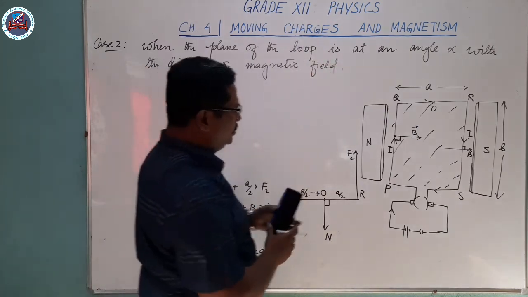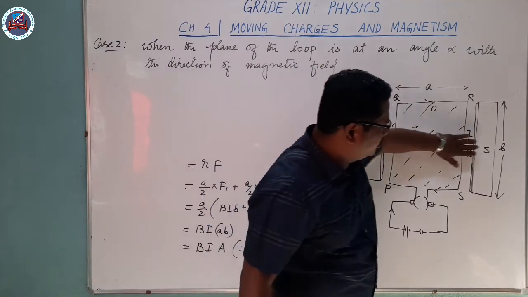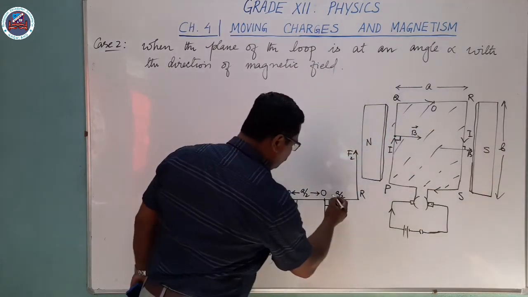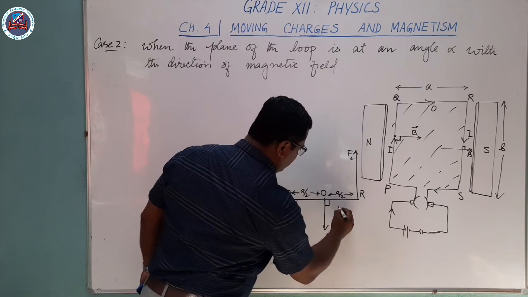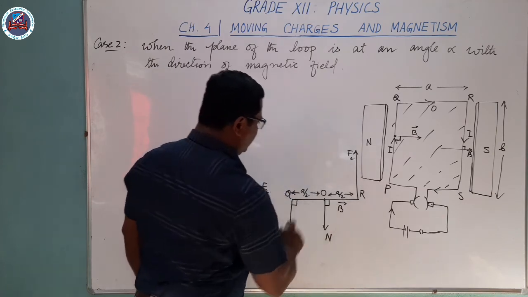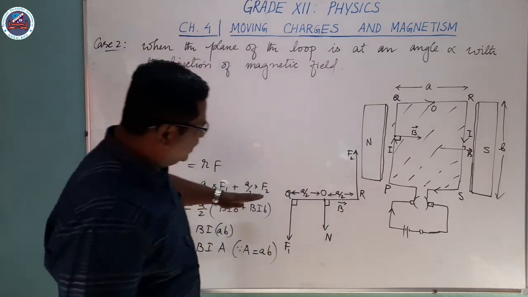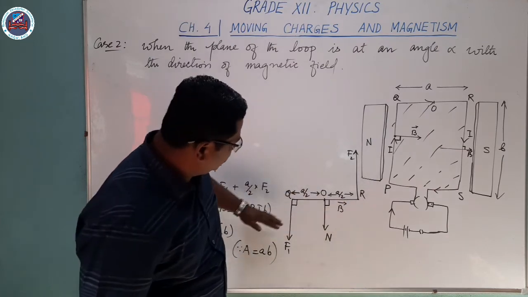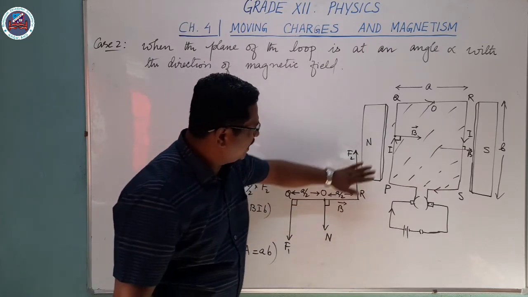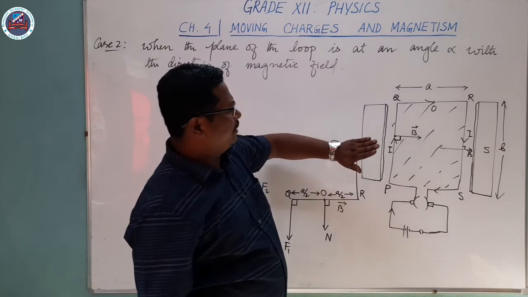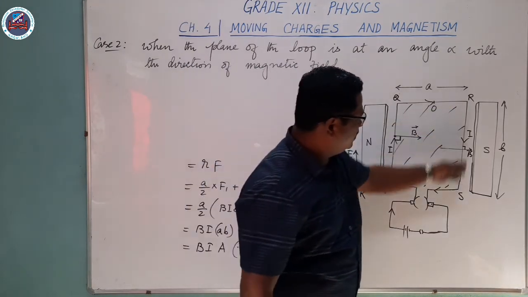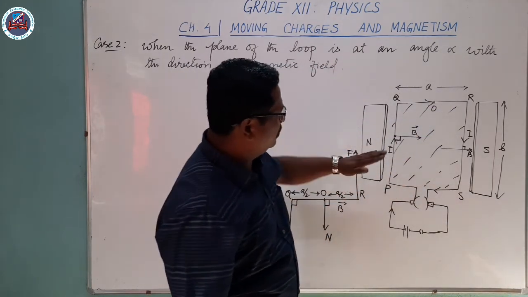Now also the magnetic field will not change, it is passing straight. This was the direction of magnetic field in this diagram, and it will remain the same. Only the plane of the loop is being tilted, like this. This side is coming up, this is going down.